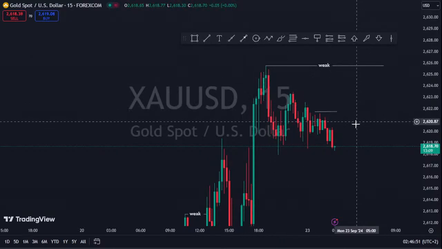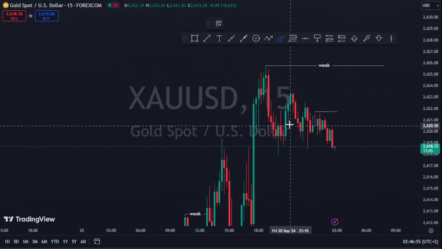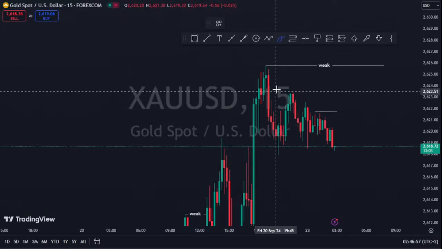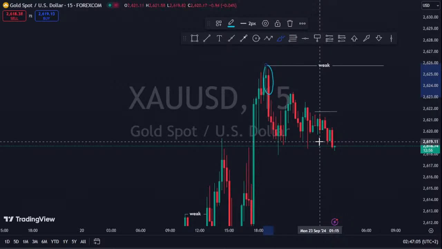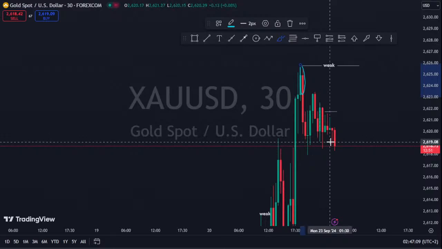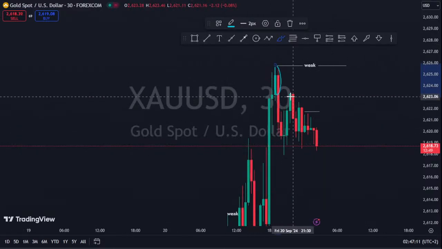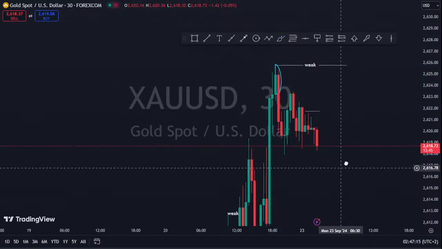We do have a weak high right there, but then higher time frames starting from 15 minutes, under 15 minutes we have a rejection high, and also 30 minutes we do have another rejection. So basically from 15 minutes, 30 minutes, both of them are rejection highs.